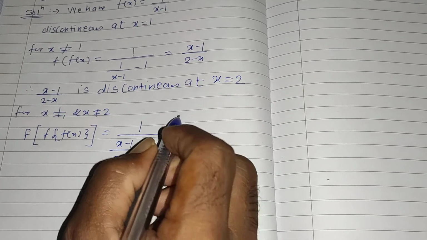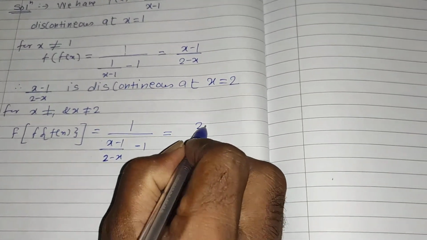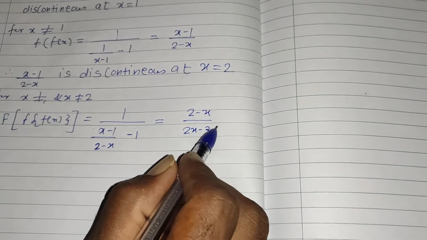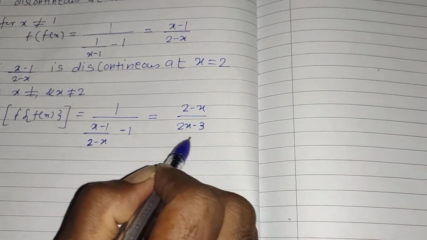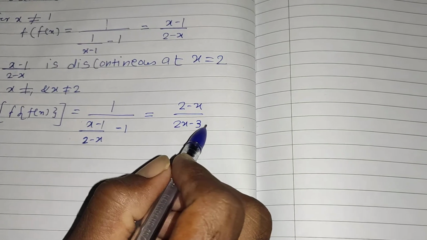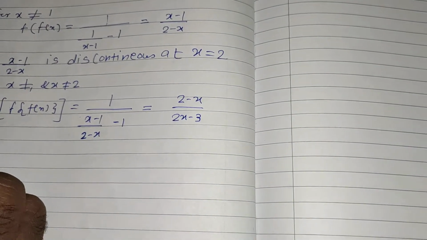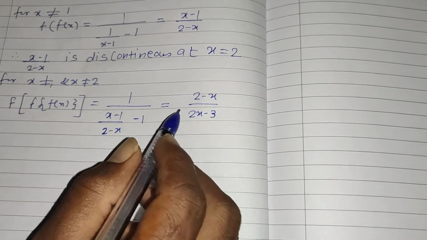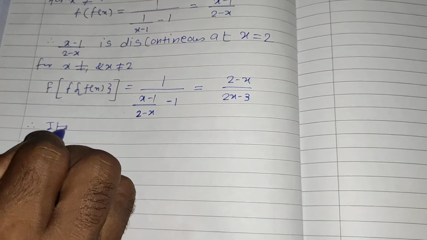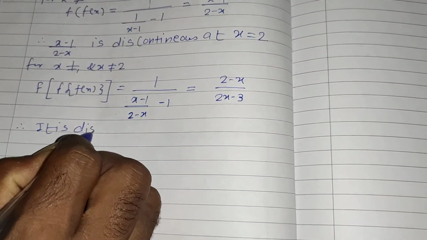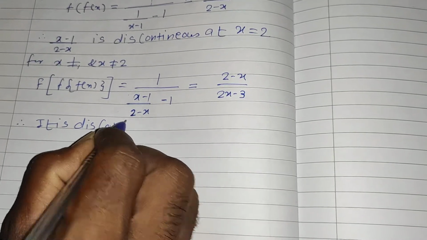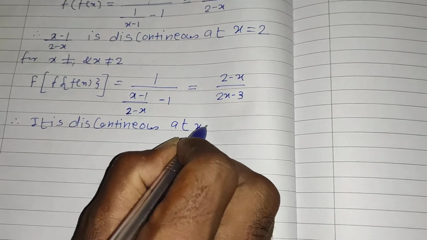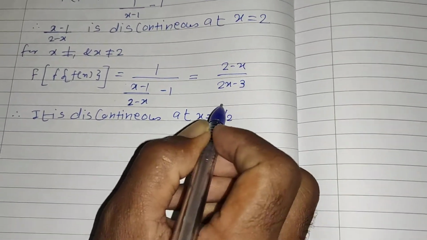If you solve this, you will get 2 minus x upon 2x minus 3. If you put the denominator equal to 0, we will get x is equal to 3 by 2. So this function is discontinuous at x is equal to 3 by 2.